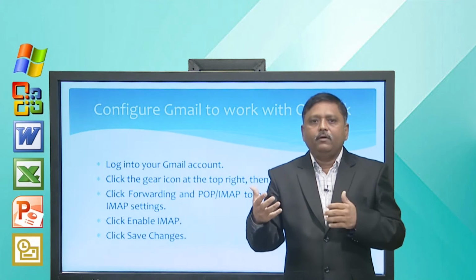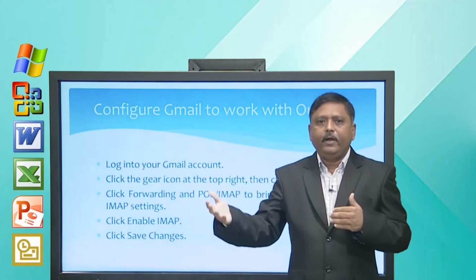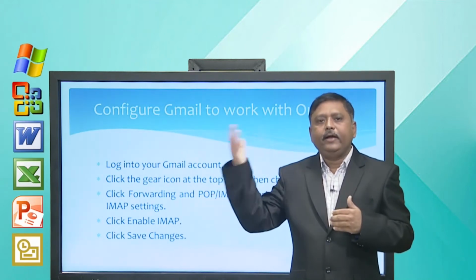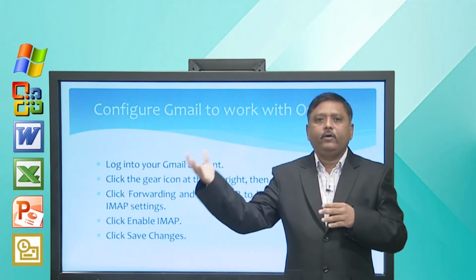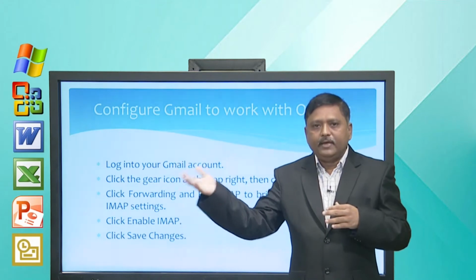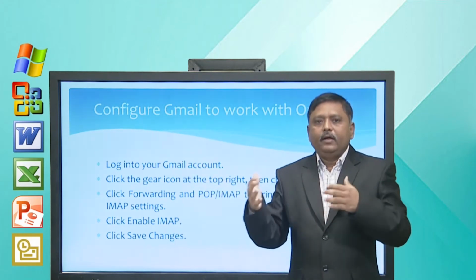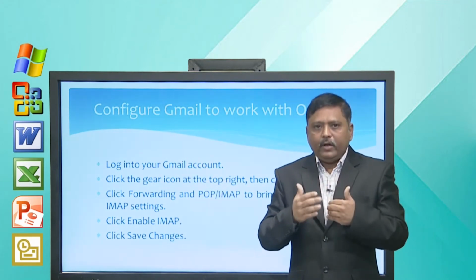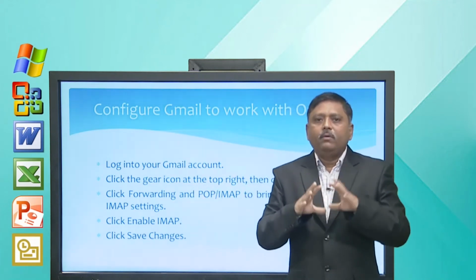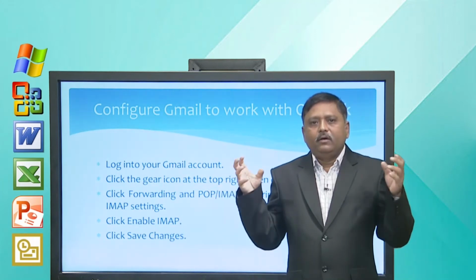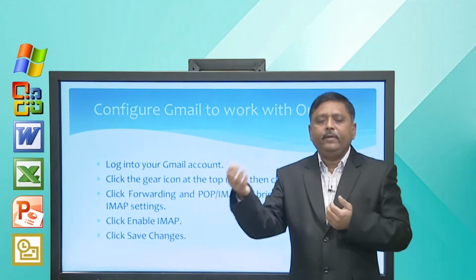POP will download your email from the server and delete it from the server, but if you are using IMAP for downloading your email from the email server, it will allow you to sync your emails with multiple devices. That means you can have multiple devices to access your emails from the email server.